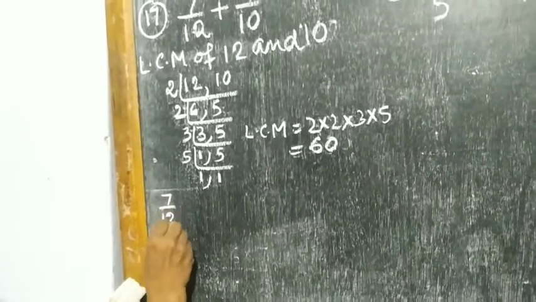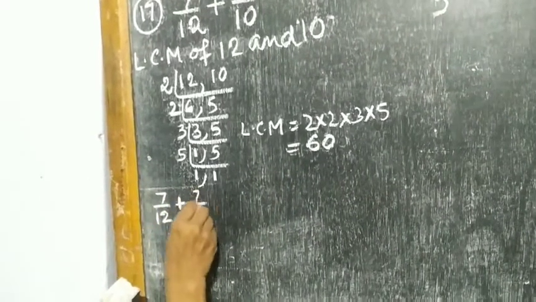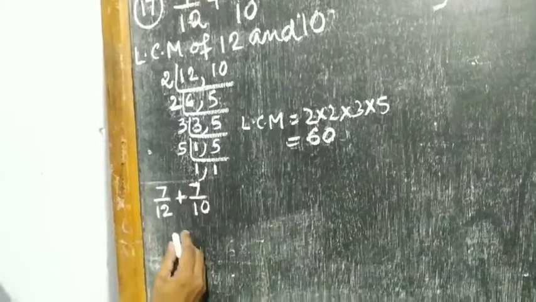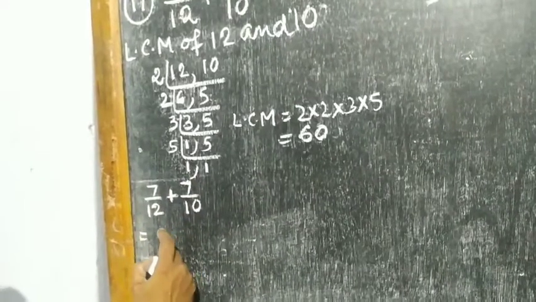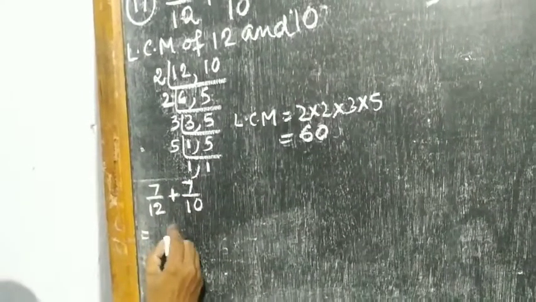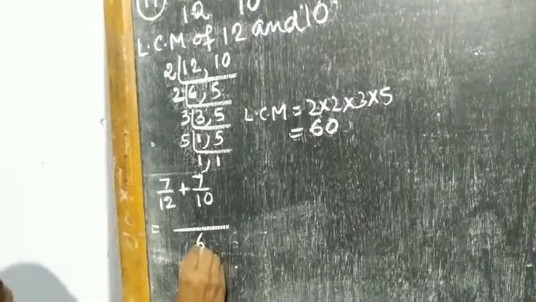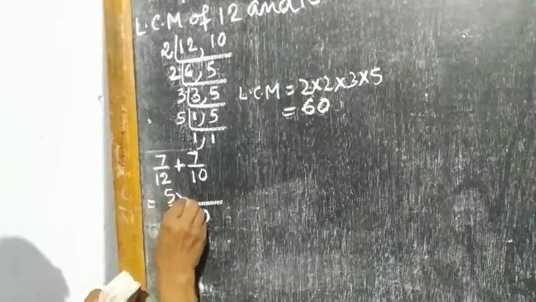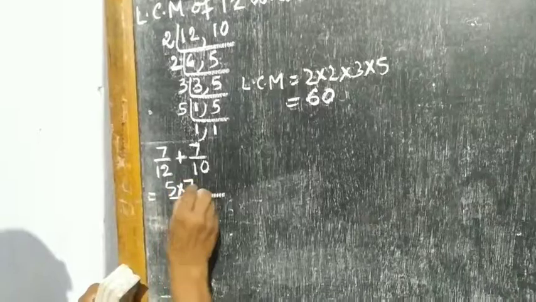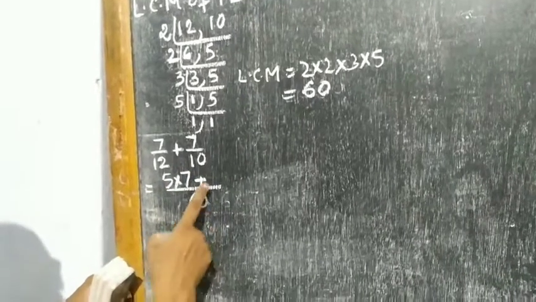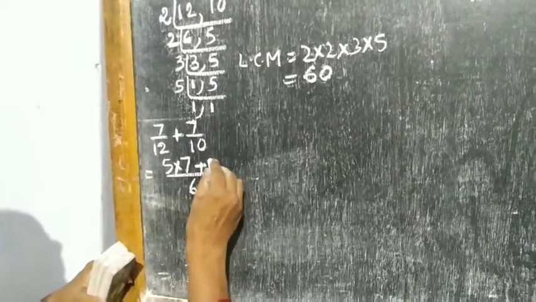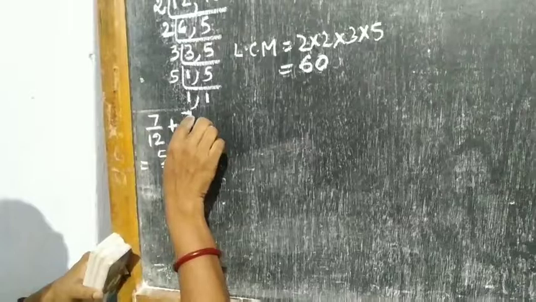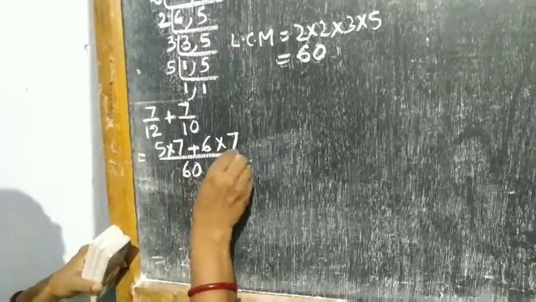Now children, you write the sum 7 by 12 plus 7 by 10. So what is the LCM of 12 and 10? That is 60. Now you divide 60 by 12, that is 5, into 7, plus you divide 60 by 10, that is 6, into 7.